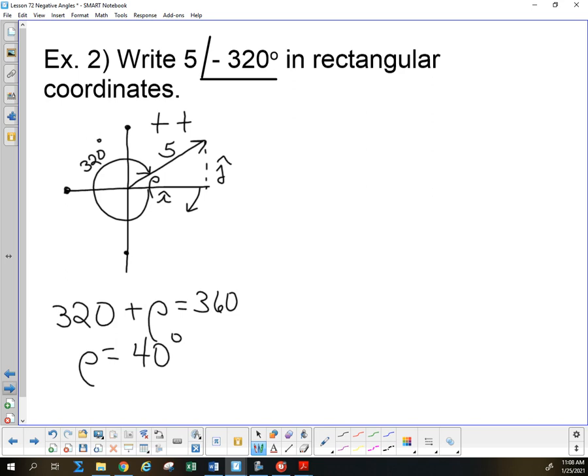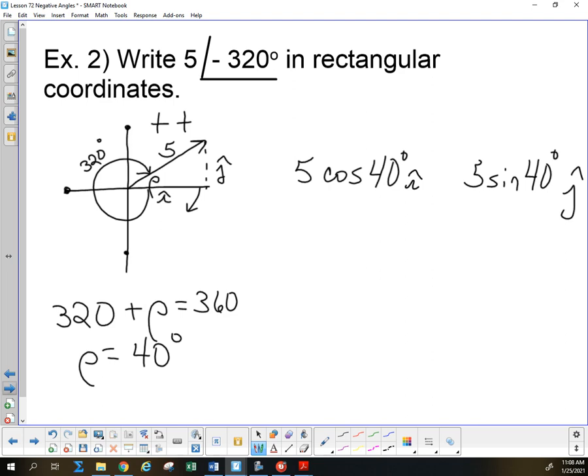So I'm going to use plus plus, and then I'm going to do what I have already learned with converting to rectangular. The i hat part is the magnitude 5 times the cosine of the reference angle, and the j hat part is 5 times the sine of that reference angle.